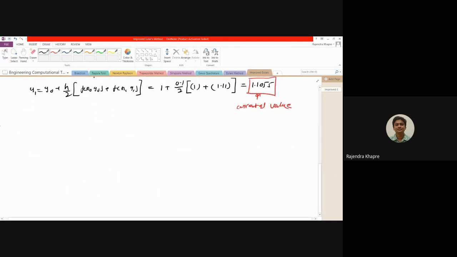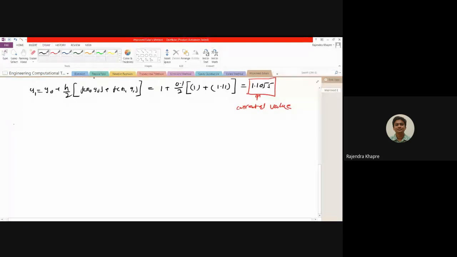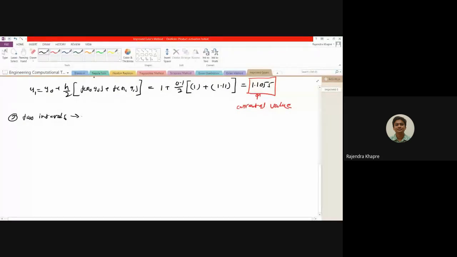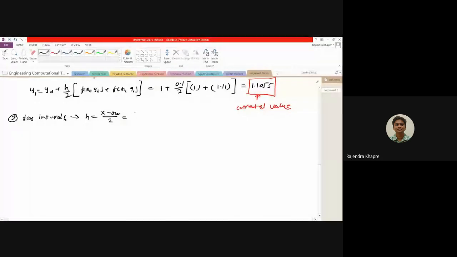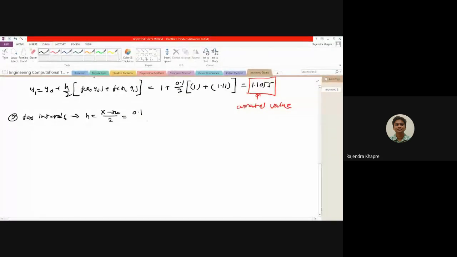So let us say this is two intervals. You have the h value. h is nothing but x minus x0, now divided by 2. We are interested in the value of y at point 1.